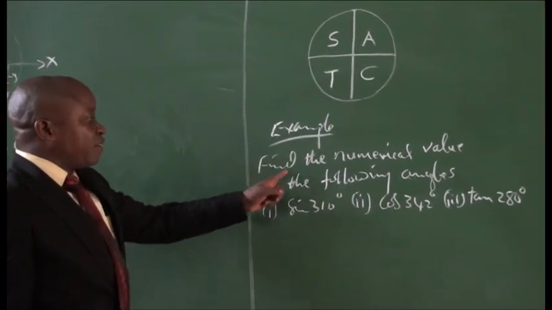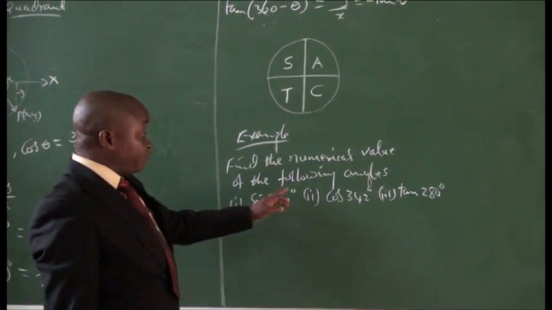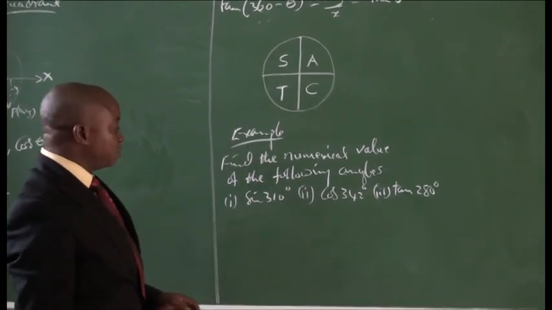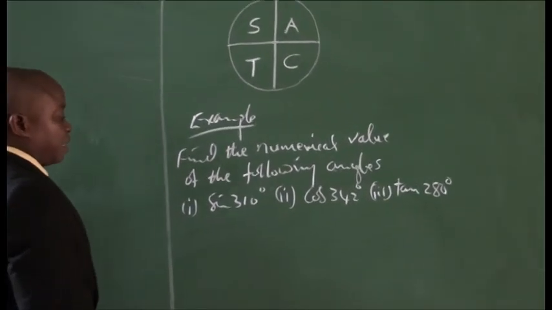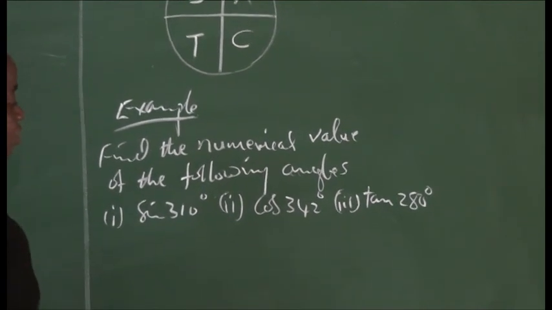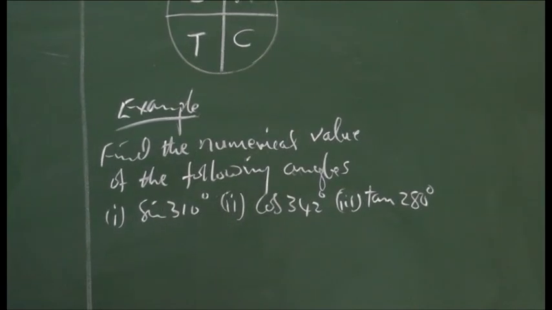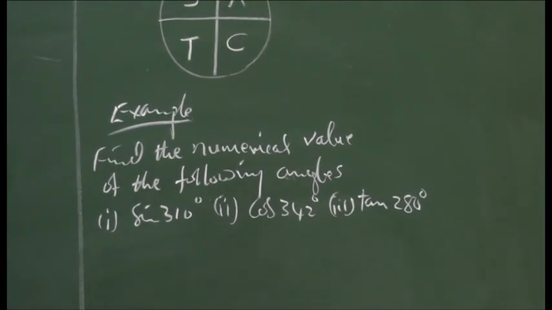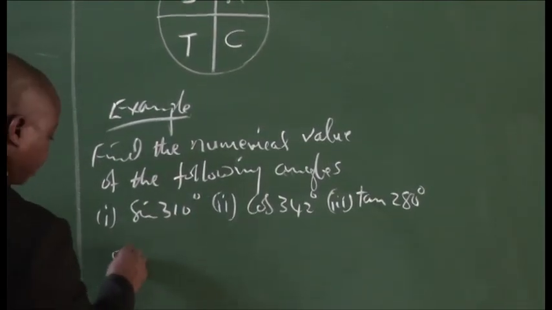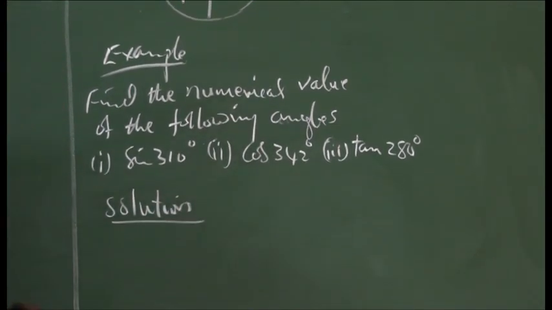Example: find the numerical value of the following angles. We have sine 310 degrees, cos 342 degrees, and tan 280 degrees. So we take the solution.